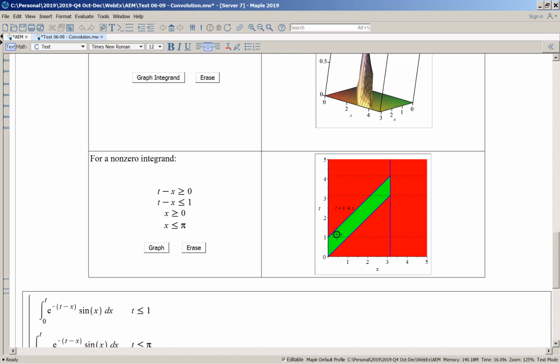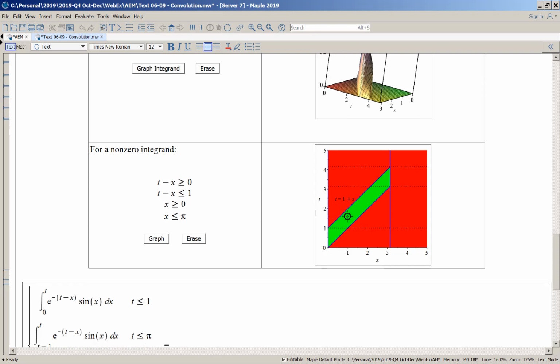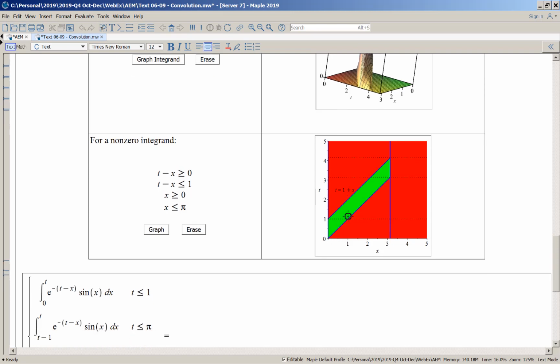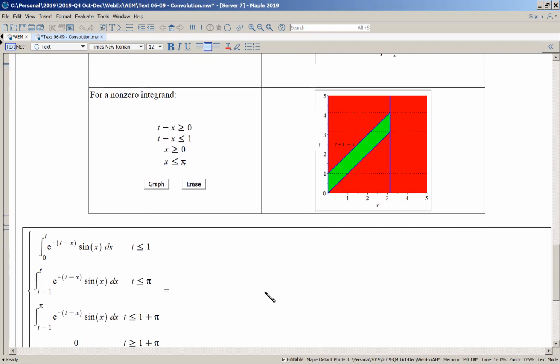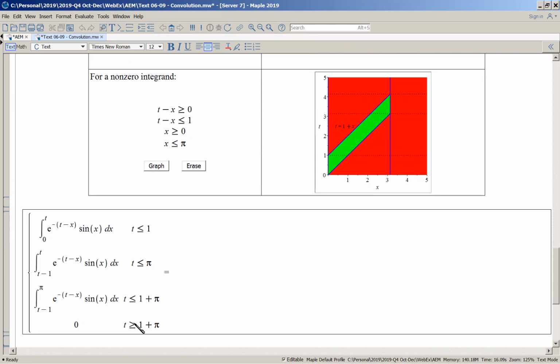When you are between 1 and pi, the integral goes from this line, x equals t minus 1, to x equals t. That's this integral. When you are between pi and 1 plus pi, the integral goes from this line, x equals t minus 1, to x equals pi. And that's this integral, and after that, it's 0.